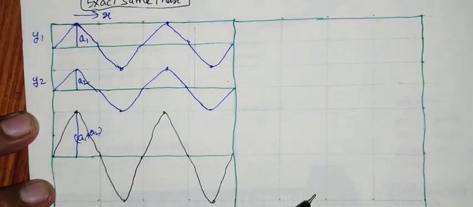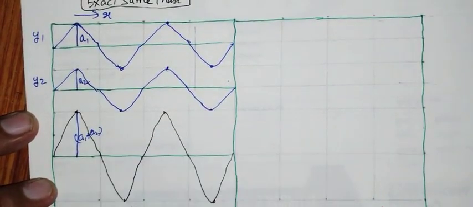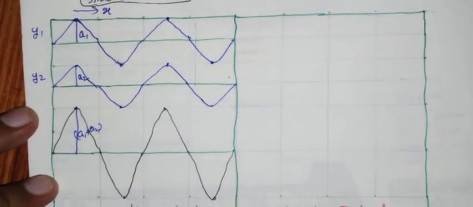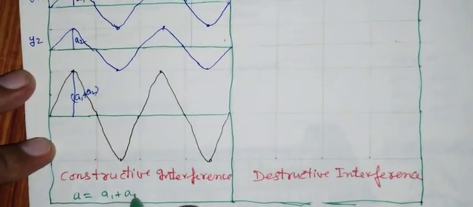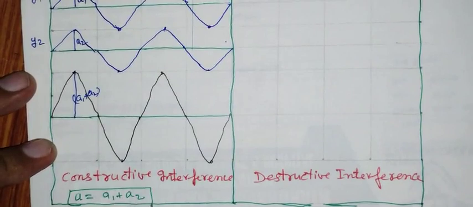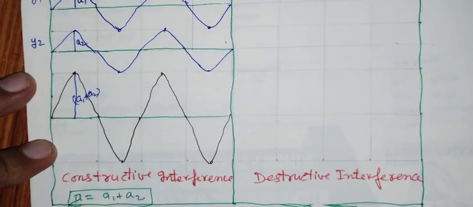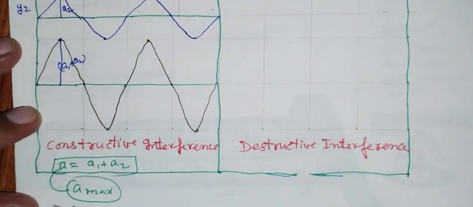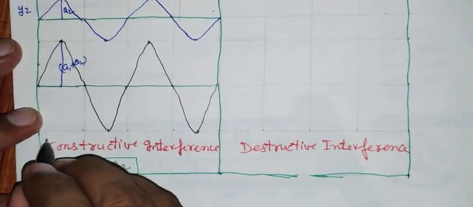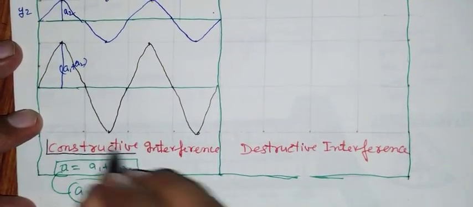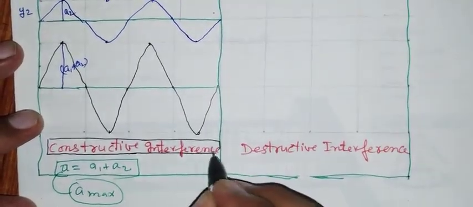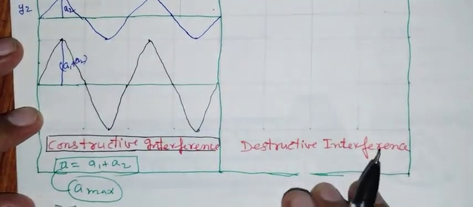Intensity increases, and the resultant amplitude A is equal to A1 plus A2. This A is called A max, the maximum value, and this phenomenon is called constructive interference. The phenomenon of constructive interference is obtained.